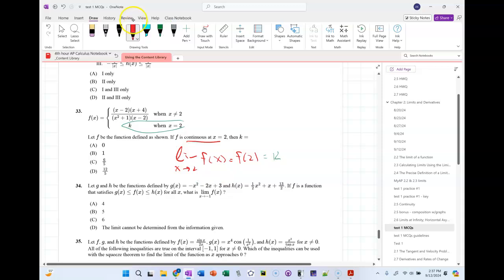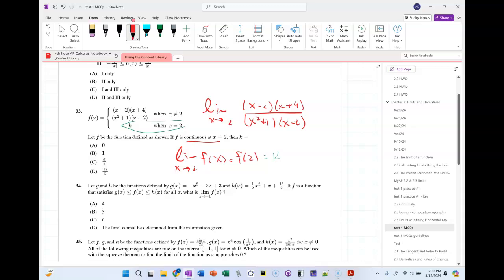Okay. So the limit as x approaches 2 of f of x is going to be this stuff, because f of x is that everywhere except for 2. So it's just like an open circle, but it's got things going into either side of it.